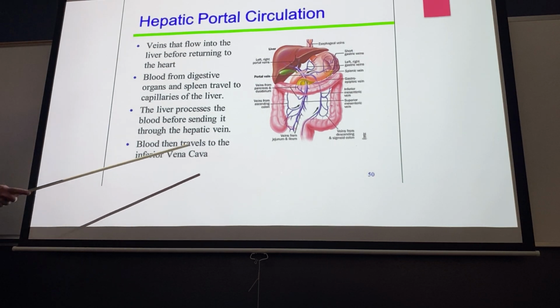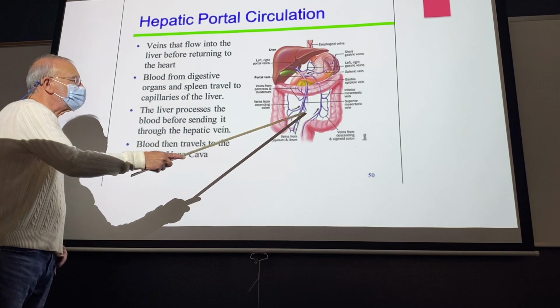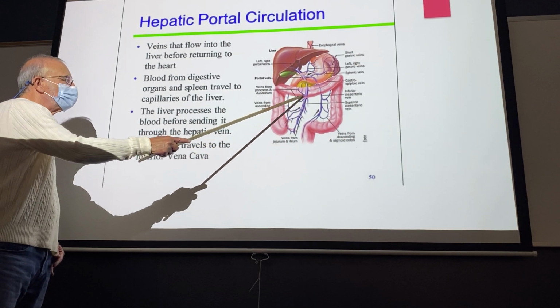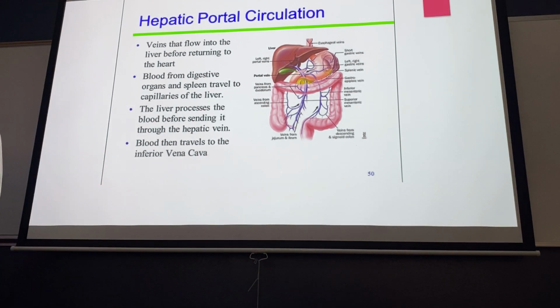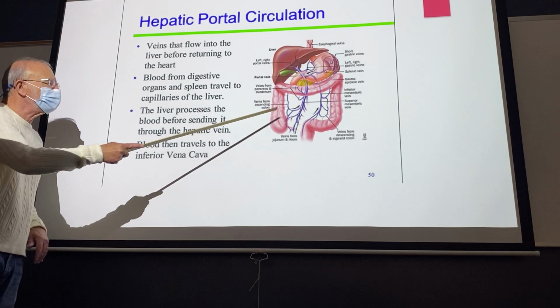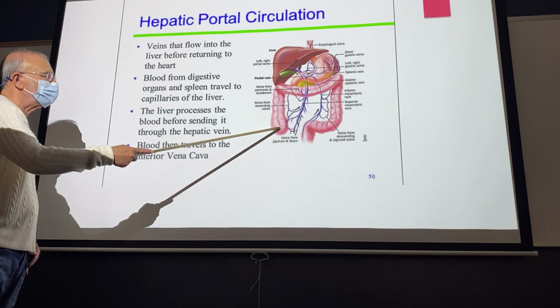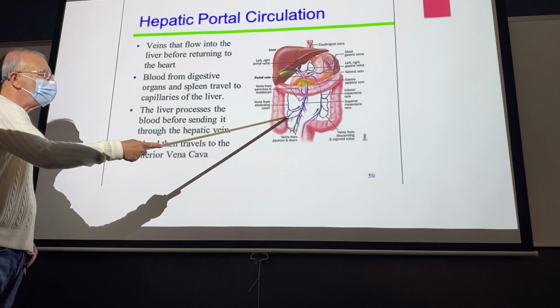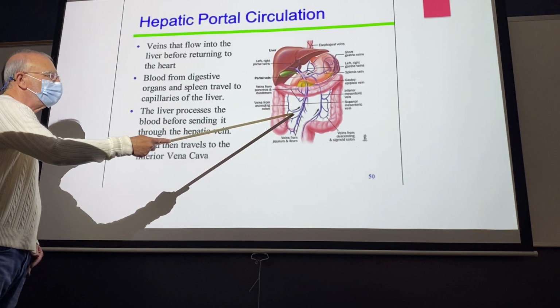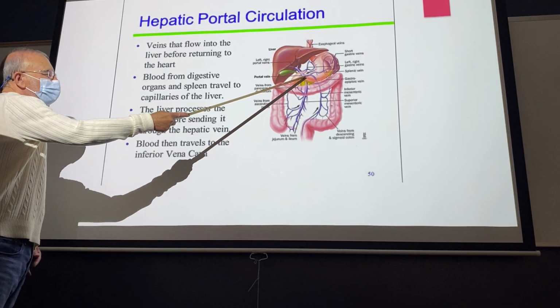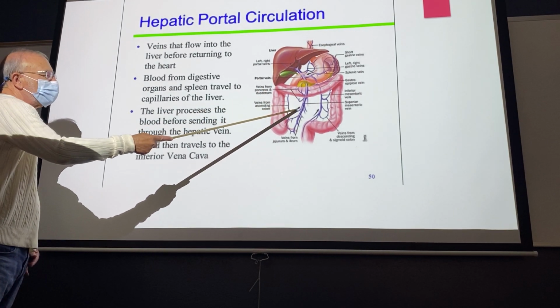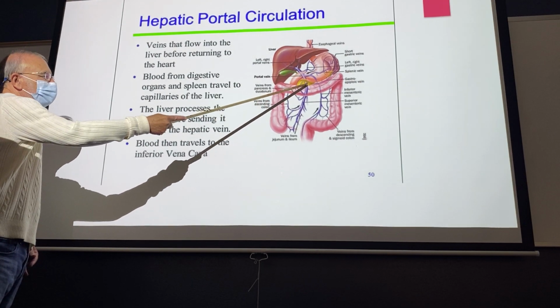We talked about before, you're going to have a superior mesenteric vein that's going to be drawing blood from different portions of the small intestine and the majority of the large intestine, which again contains different elements, minerals, proteins, and amino acids, and it's going to be skirted back not into the IVC but through the SMV.